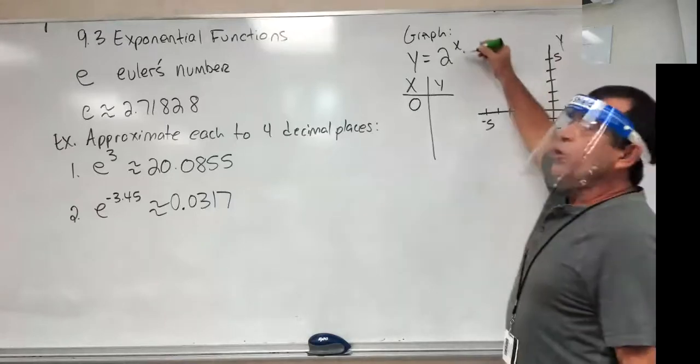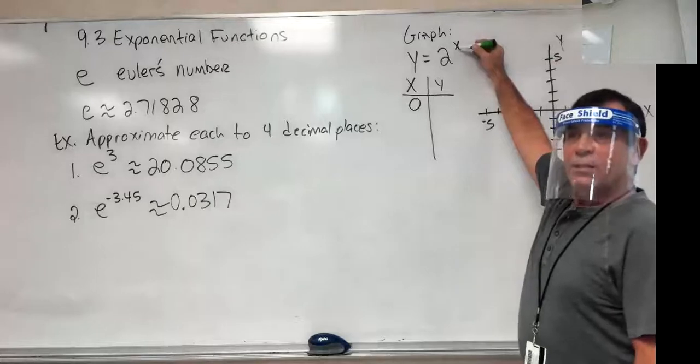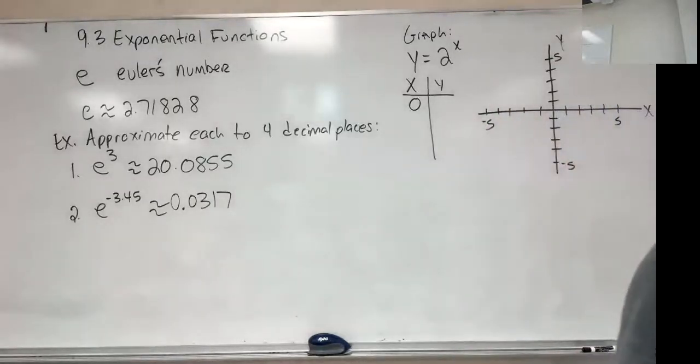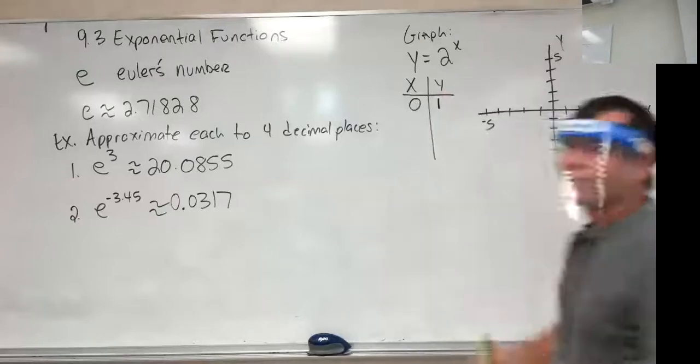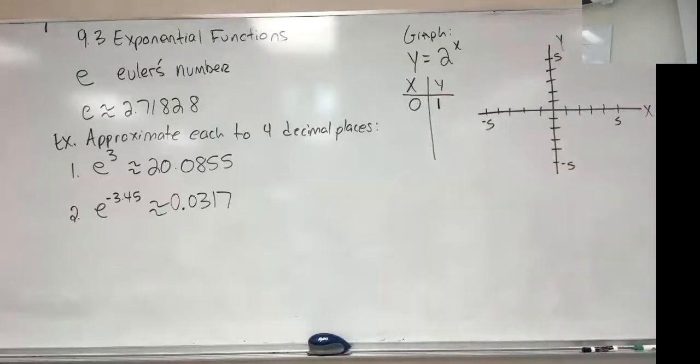Now, you can use negative numbers for the exponents, but all that negative exponent is going to do is make these answers look like fractions, okay? So, put a 0 in for the x. What is 2 to the 0 equal? 1. So anything to the 0 power will be 1, okay? Which means every one of these exponential graphs will cross through 0, 1.